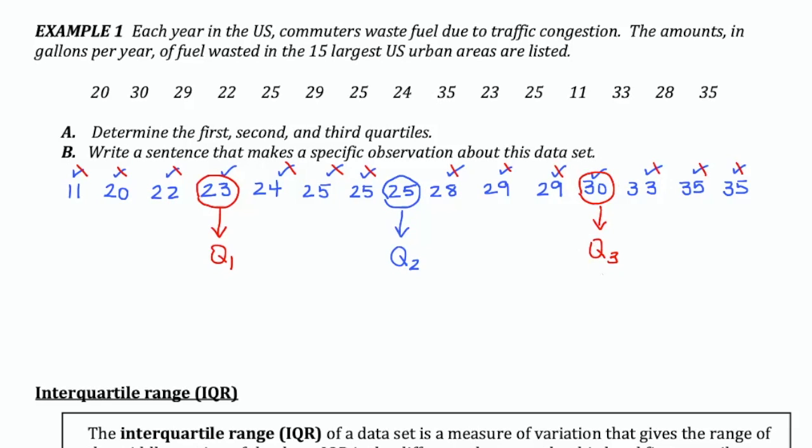So for part B, when it says write a sentence that makes a specific observation about this data set, what we're looking for is that you use the quartile information appropriately.